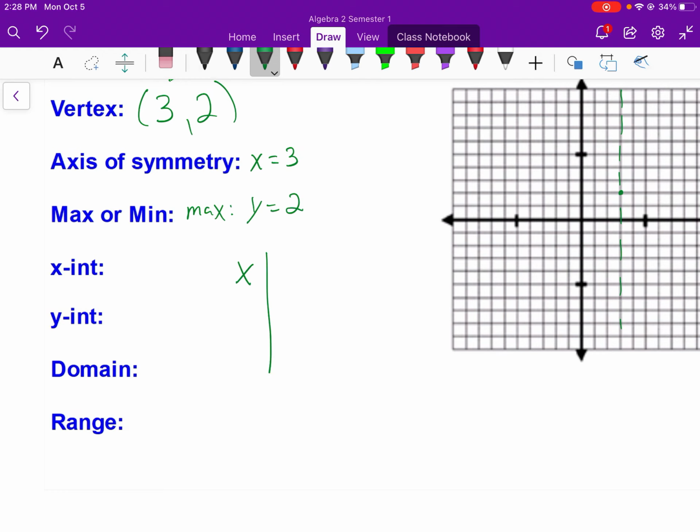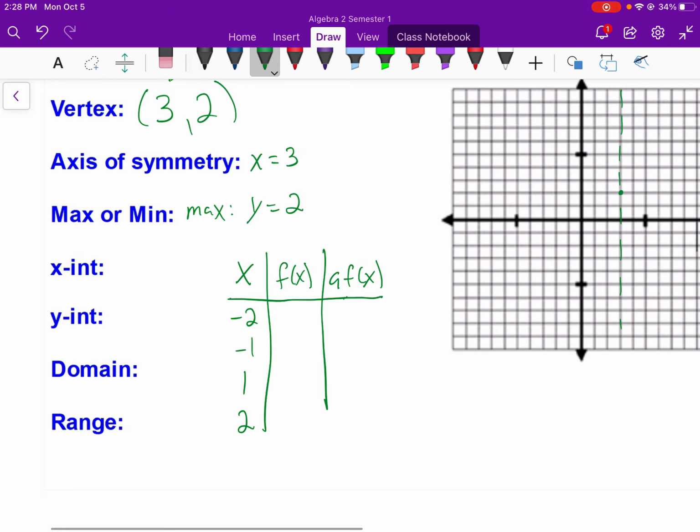So setting up our table again, x, f of x, a times f of x. Okay, so before I just did 1 and 2. If it's going to help you, go ahead, do negative 2, negative 1, 1 and 2. Before we just reflected the points over. If you don't like that method, go ahead and do those extra values in the x column.